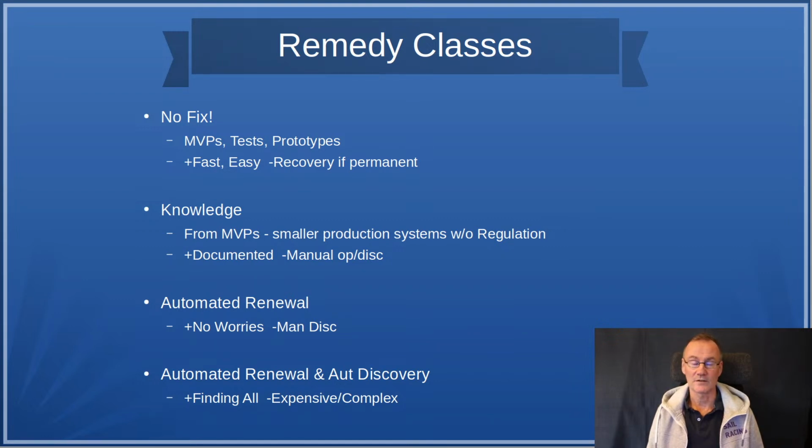So no worries on the plus side. On the minus side, though, these solutions are quite complex and quite expensive, so these classes also have an increased cost associated with them, and automated renewal and discovery is the most expensive.